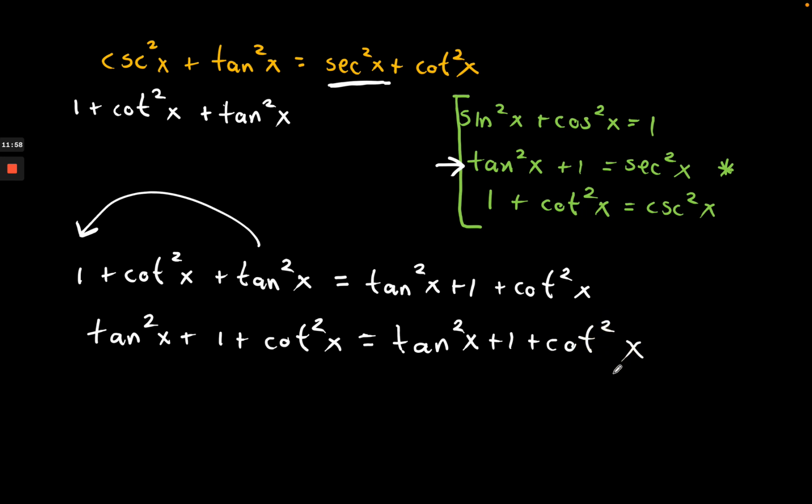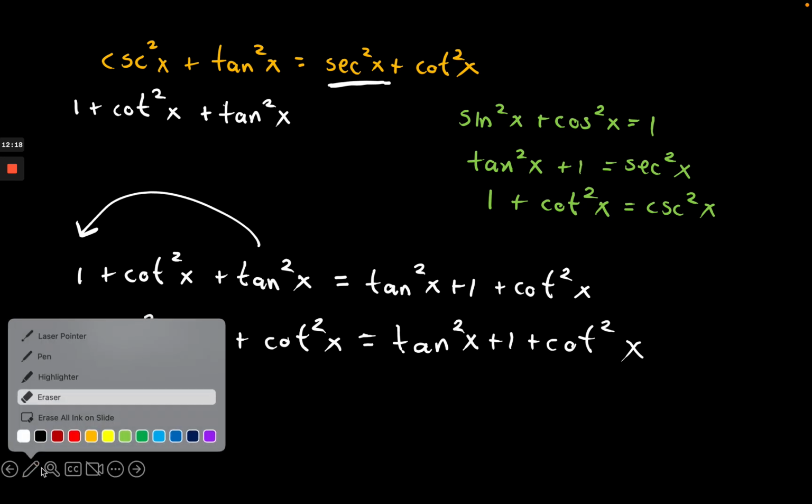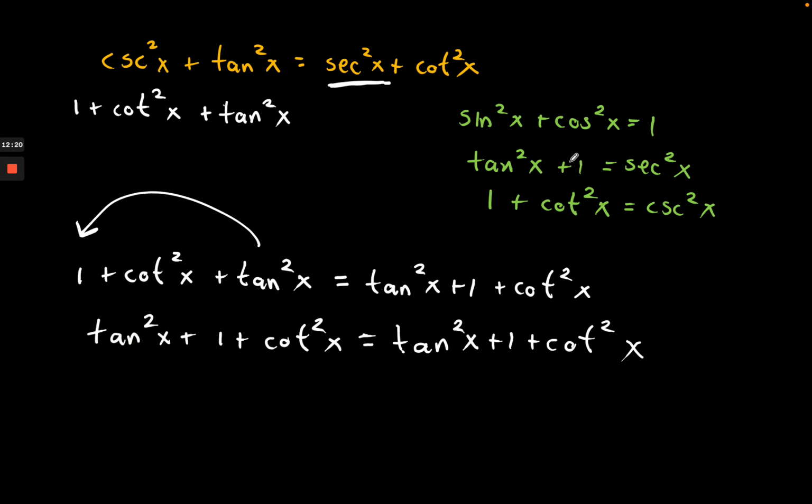Okay, that was a little bit tricky. These are challenging because you're just not familiar with the Pythagorean identity. I know that it takes a little bit of work and effort to come up with these, but it is very important that you can do it. I don't have these memorized.